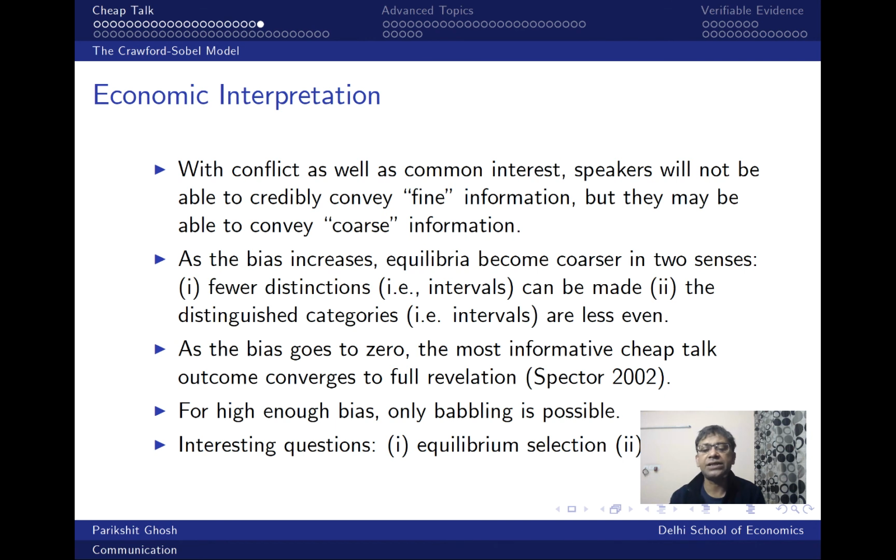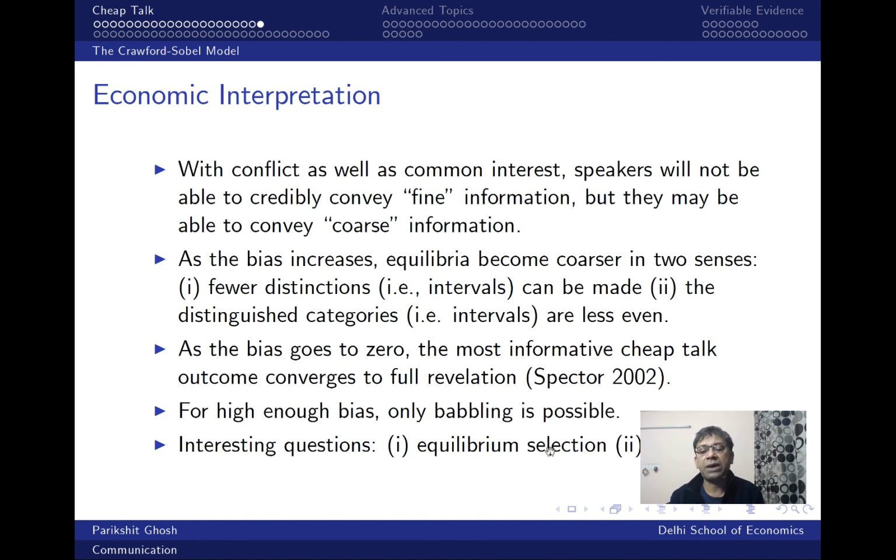Now, it's not easy to apply standard equilibrium refinements like the intuitive criterion of Cho and Kreps and other notions like that. If you apply them, you don't get a reduction in the number of equilibria.